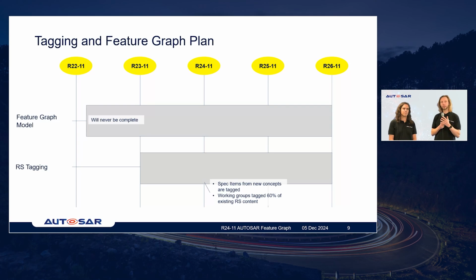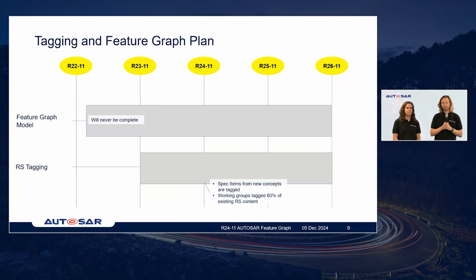It's an ongoing process. As you can see, we also didn't highlight this release because we started the work already earlier. Now we have the possibility to release something, but we started way earlier with that work. And as you also can see, this will never be complete. So it's ongoing work. It's a living artifact, and we are working on that continuously.